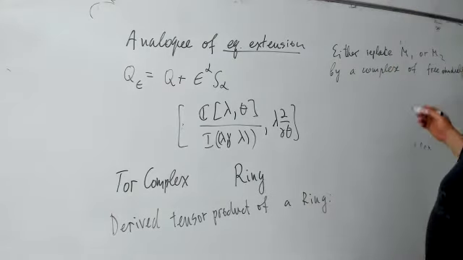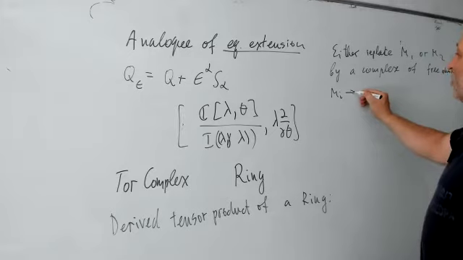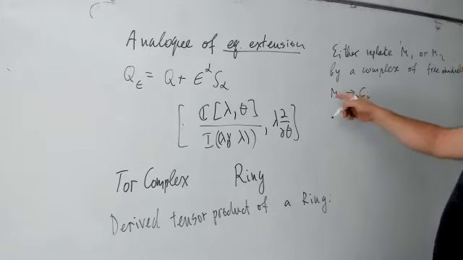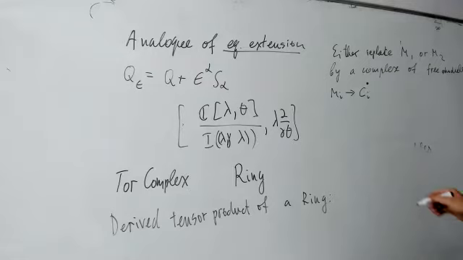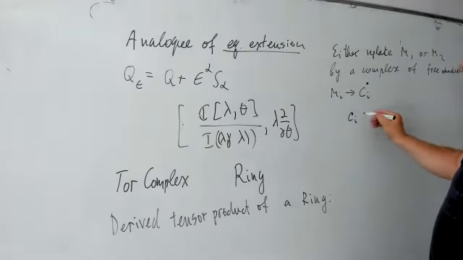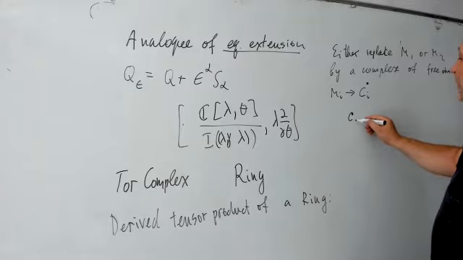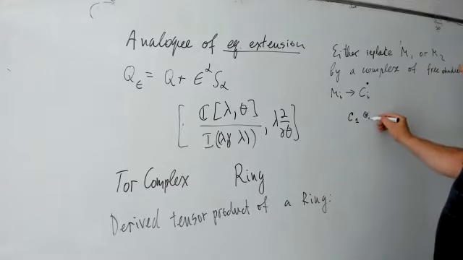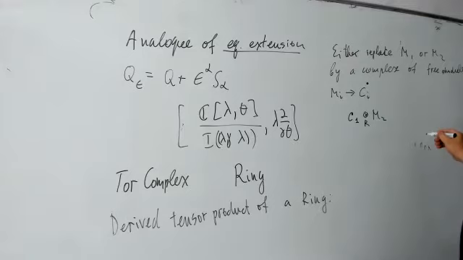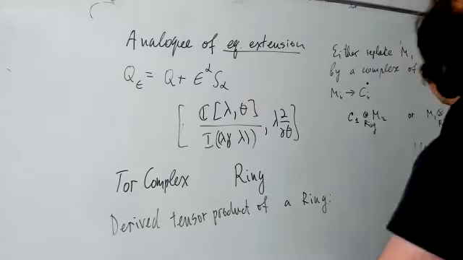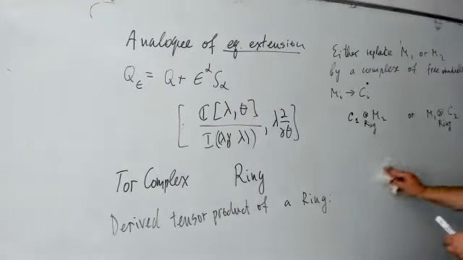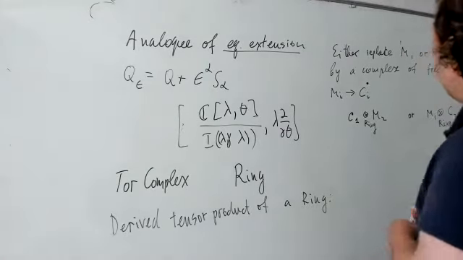So what would happen if I do this? Then I can take either C1 tensor over R M2, or M1 tensor over the ring C2.